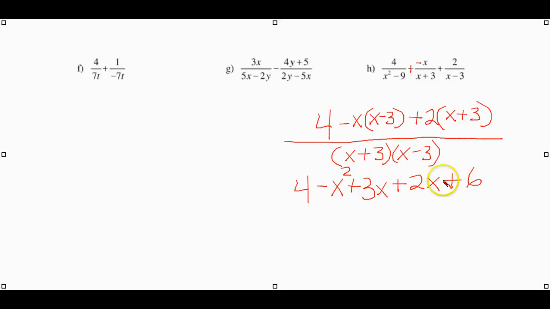And now we group like terms. A negative x squared. Then we have a positive 5x, these two, and a positive 10, all over our common denominator.